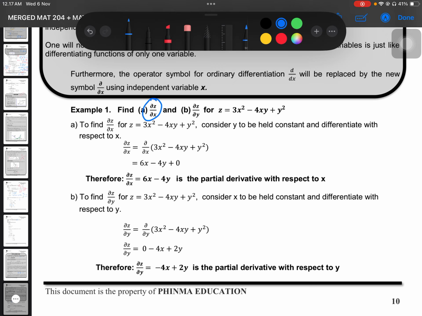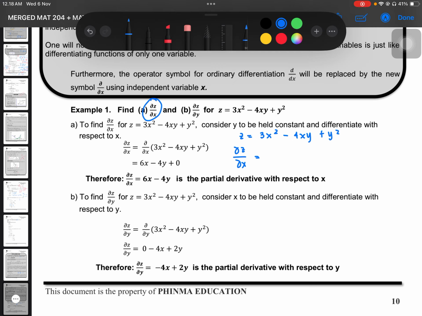So, ibig sabihin, we get the z, 3x squared minus 4xy plus y squared. Okay? So, ibig sabihin, we are getting the partial derivative of z with respect to x. So, ibig sabihin, lahat lang ng may x, yung ating i-consider na variable. Then, the rest, kung may y dyan, considered as constant. Okay.